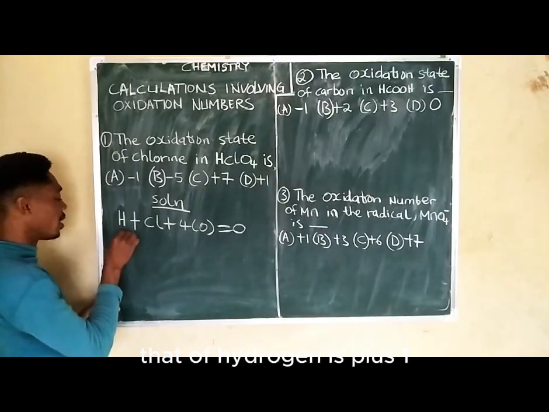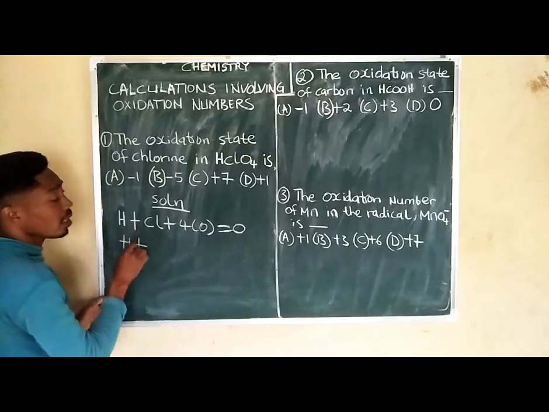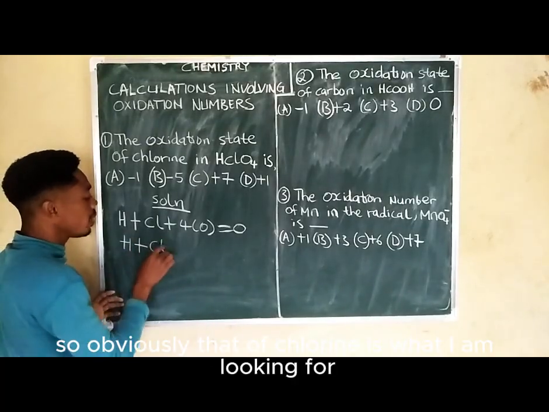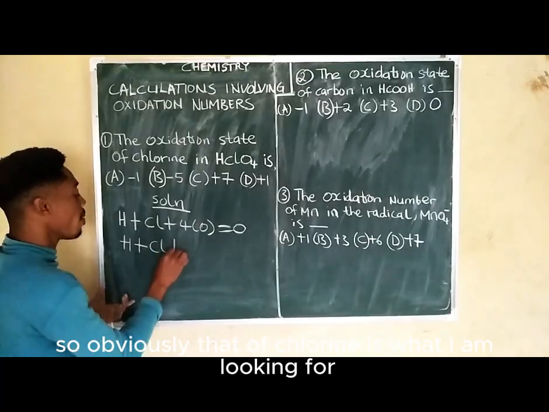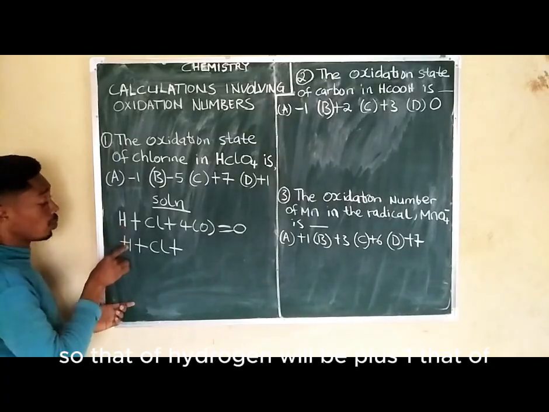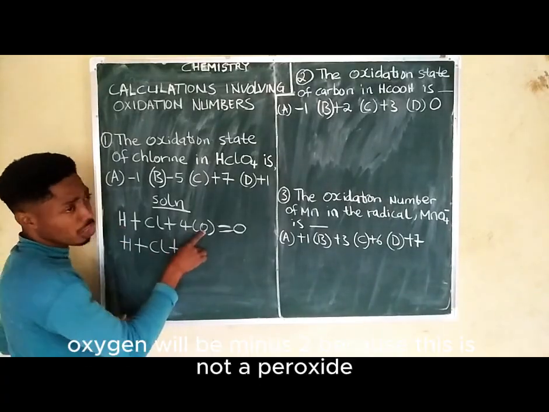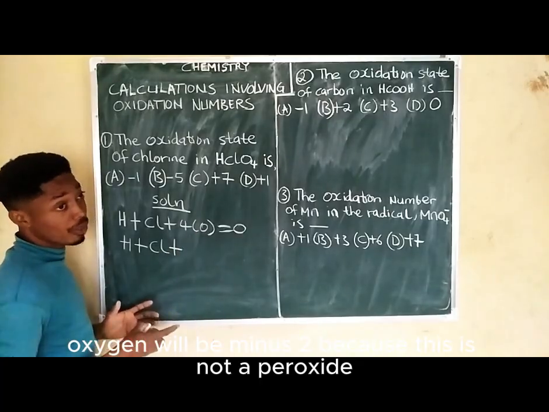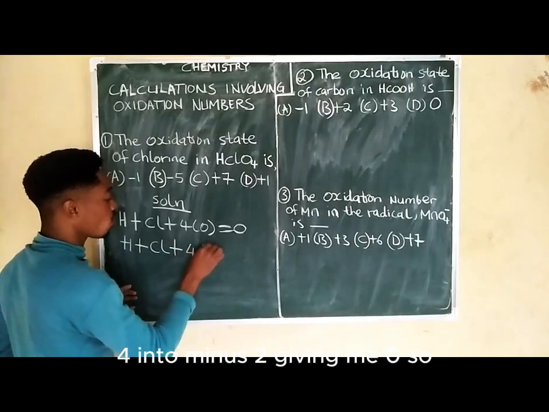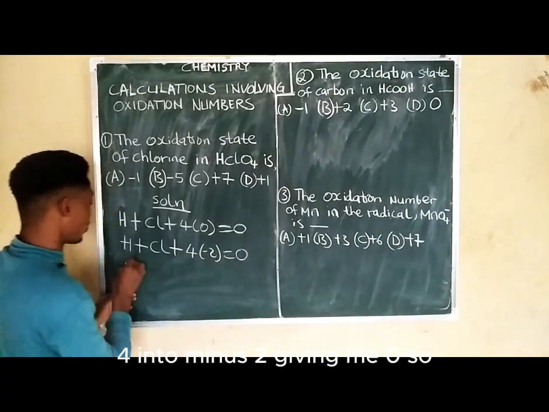That of hydrogen is +1, because this is not a hydride. That of oxygen will be -2 because this is not a peroxide. So chlorine is what I am looking for.